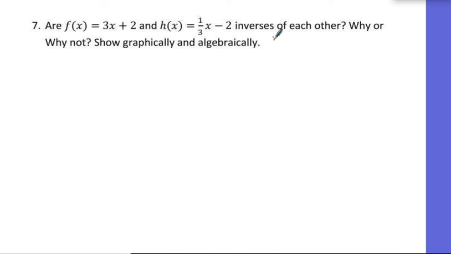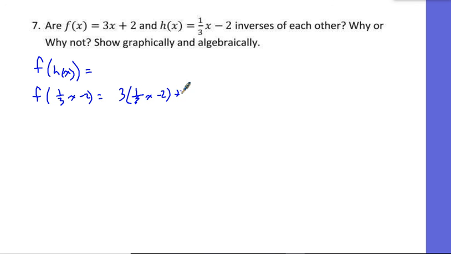First, algebraically, f of h of x. If these are inverses, that should give me an answer of x. So f of (1/3 x minus 2) equals 3 times (1/3 x minus 2) plus 2.